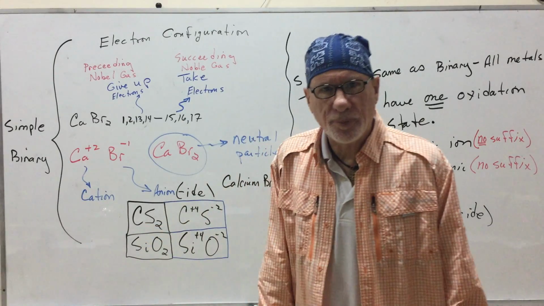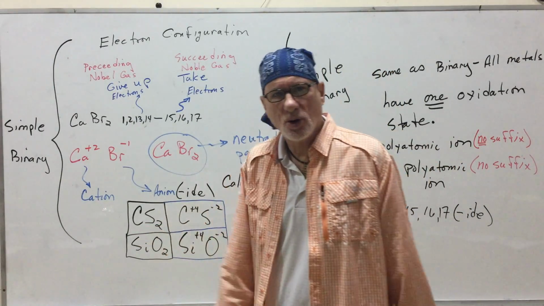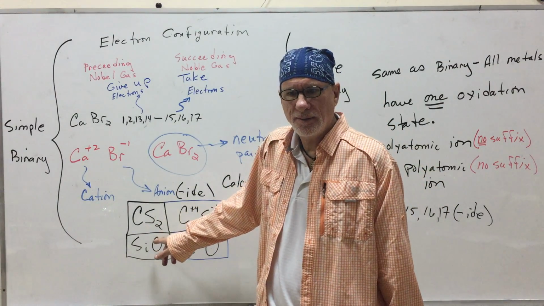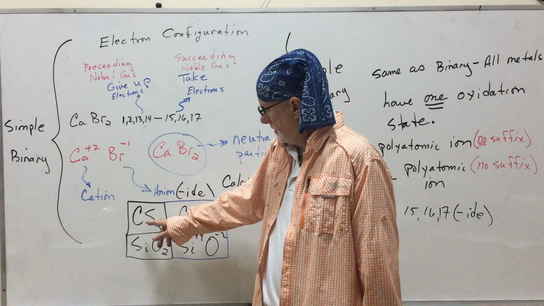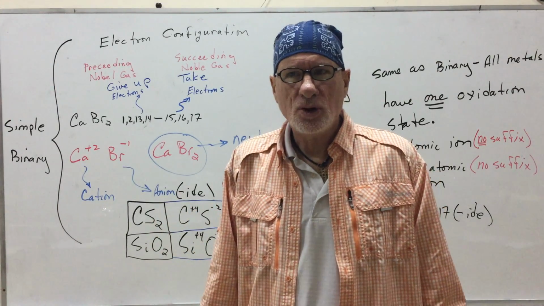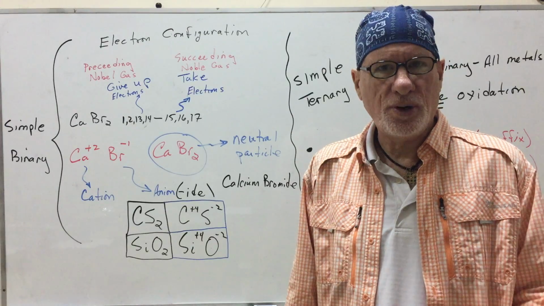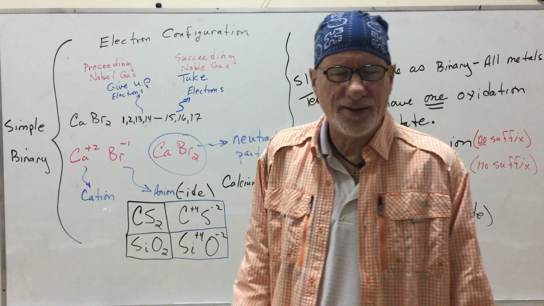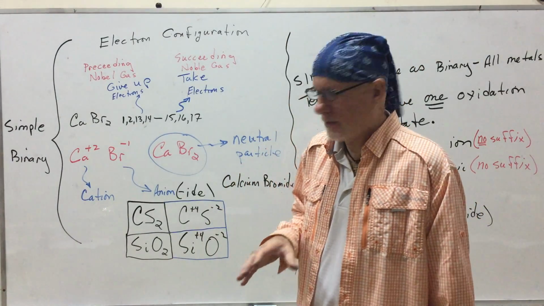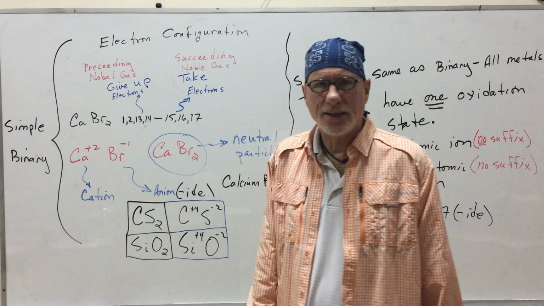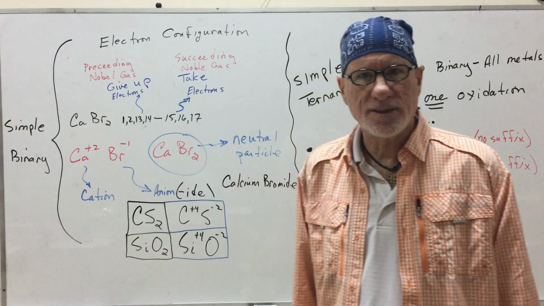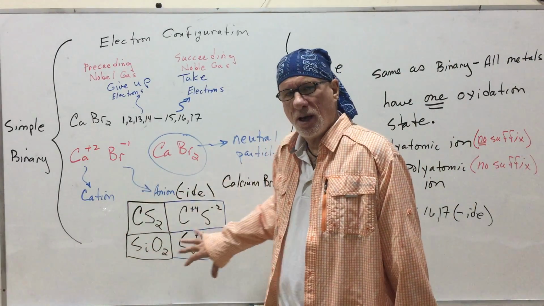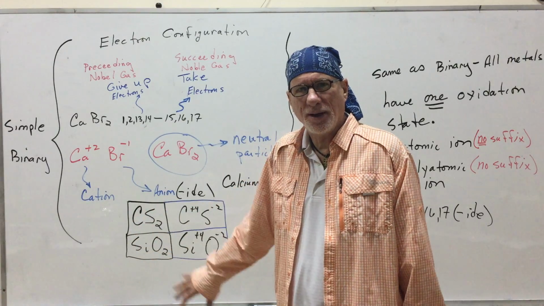Well, carbon could be +4, and silicon could also be +4, and that's going to be carbon disulfide, or carbon sulfide, but you're using the Greek prefix system to name it, but that's okay. It's commonly known as carbon disulfide, very, very stinky liquid. And then there's silicon dioxide, and you're using the Greek prefix system to name that as well. But I just want you to see that those are a little gray area with binary, okay?